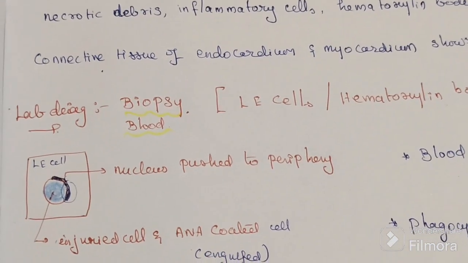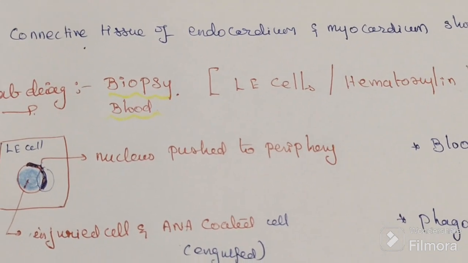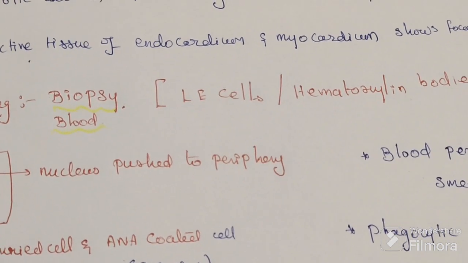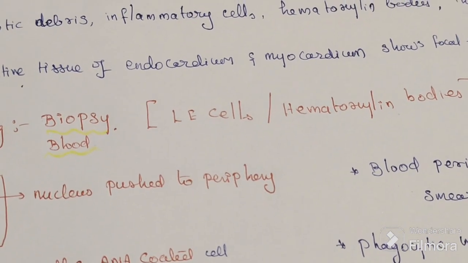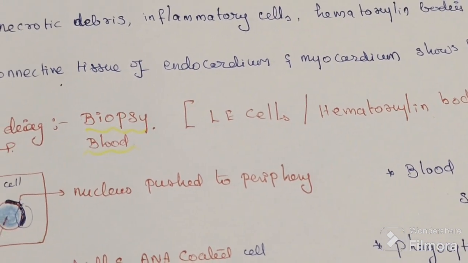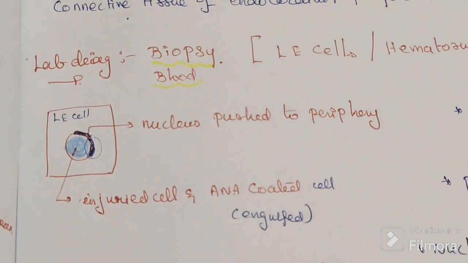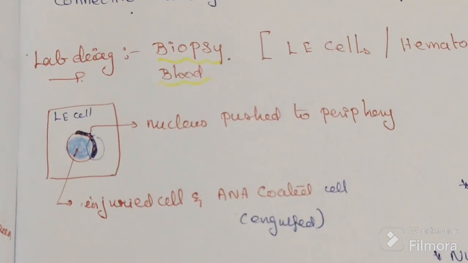Next, laboratory diagnosis, we use blood sample and biopsy. In this one, LE bodies or hematoxylin bodies. We can find out what LE bodies are. See here, the nucleus is normally present inside.